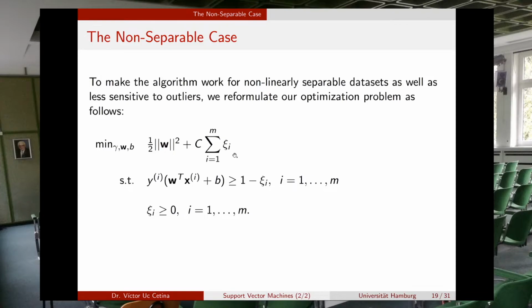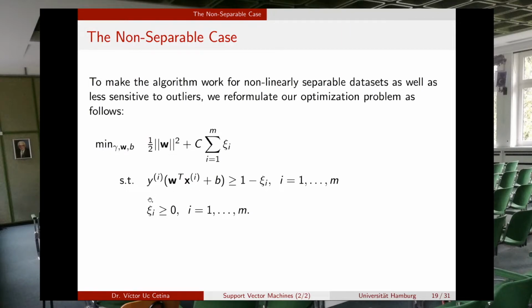Now that we are considering these distances of the outliers, we also need to modify our constraints. So now we are going to allow our points to have functional margins less than 1. If you remember, in the first problem, the minimum margin allowed was 1. So this product here, we said it had to be at least 1, or larger than 1. Now we are adding these distances of the outliers, and this means that the functional margin could be smaller than 1.